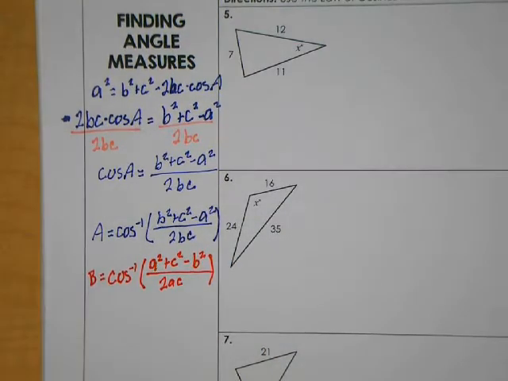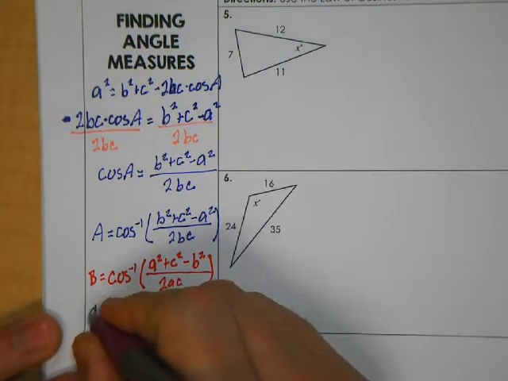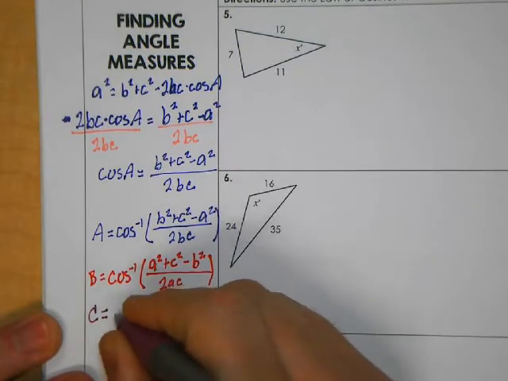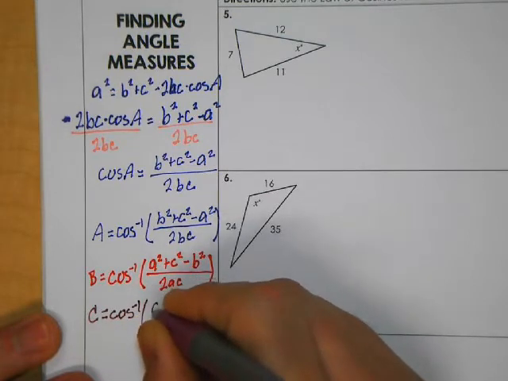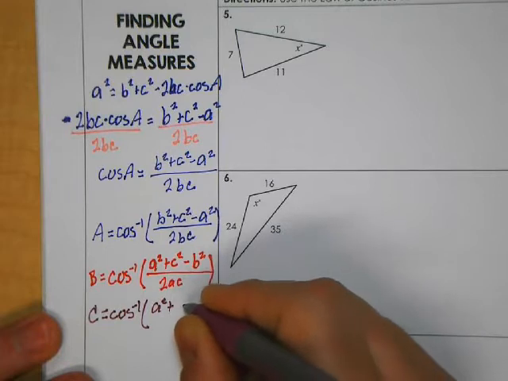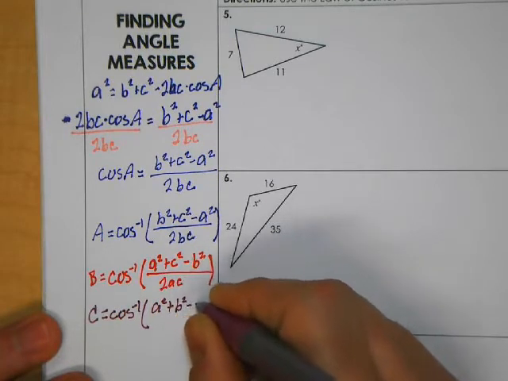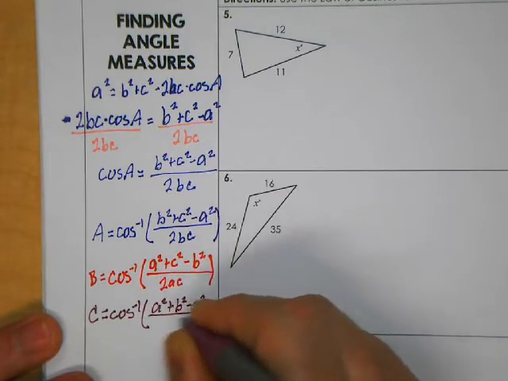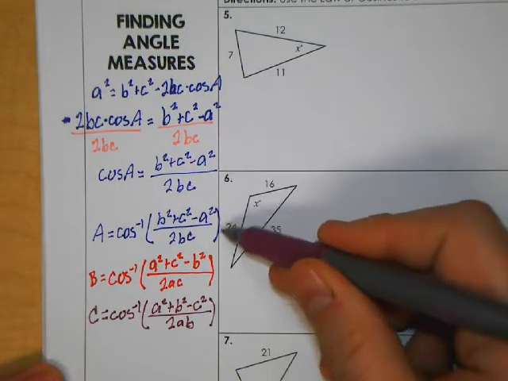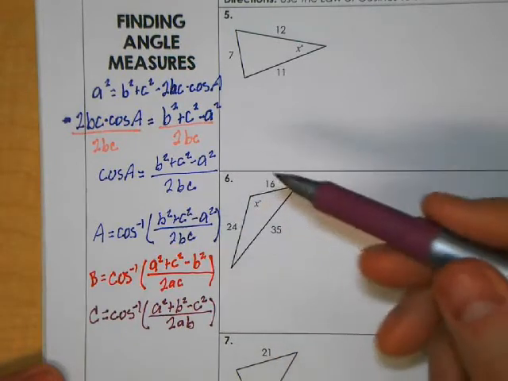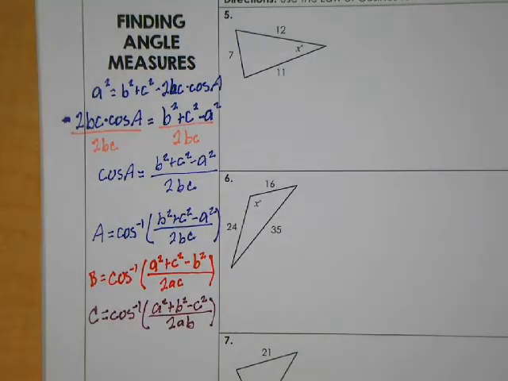And the third one, depending on how it's set up, if I'm looking for angle C, I would say the inverse cosine of a squared plus b squared minus c squared, all of it divided by 2 times a times b. So these are the three ways that we could rewrite the law of cosines to find the value of our angle.